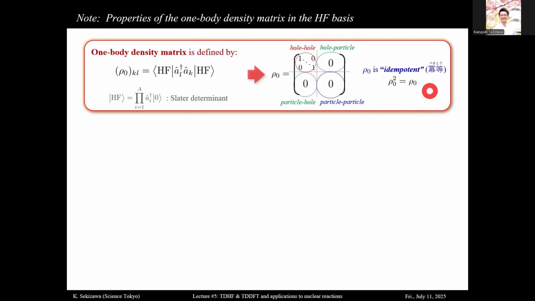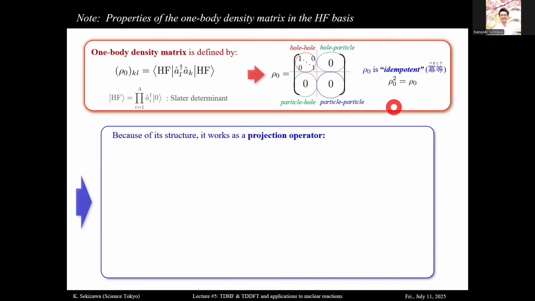And then you can show, easily, really, it is apparent that this is idempotent. So rho square is rho, because this is just a unit matrix in the whole component. So this is idempotent. So when a matrix is idempotent, it can be used as a projection operator.